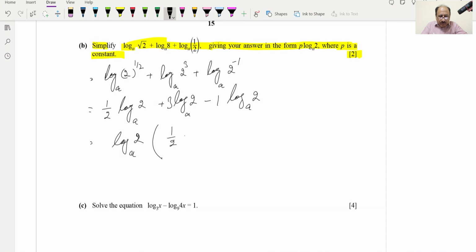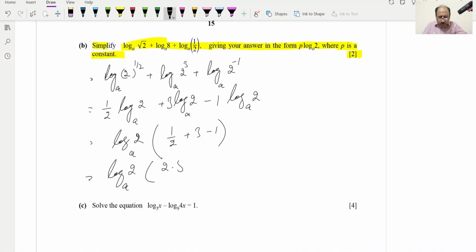Inside will be 1 by 2 plus 3 minus 1, and this will be equal to log with base a of 2 times, what will it be? This will be 2.5.